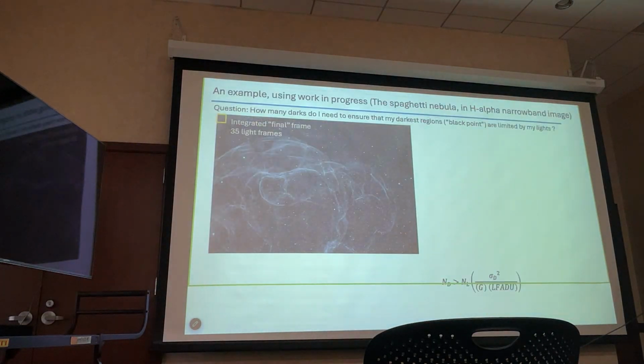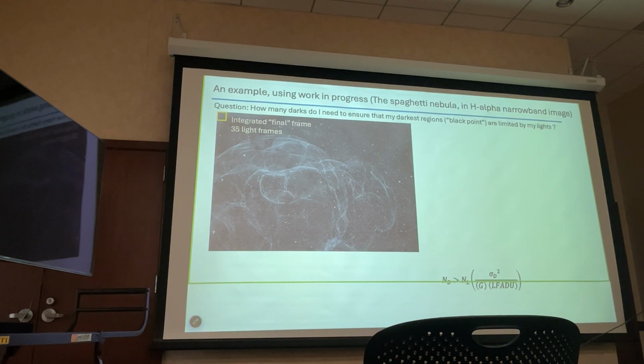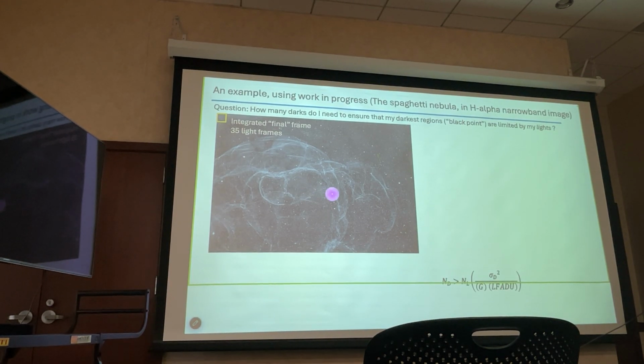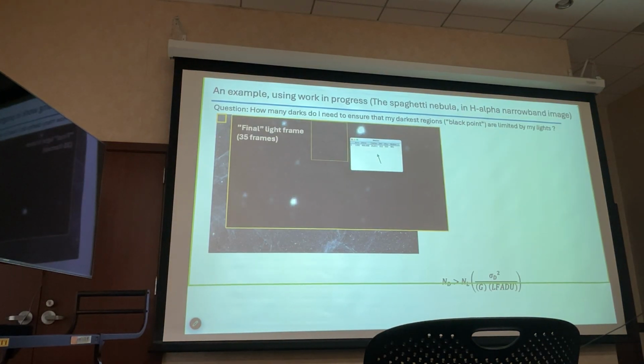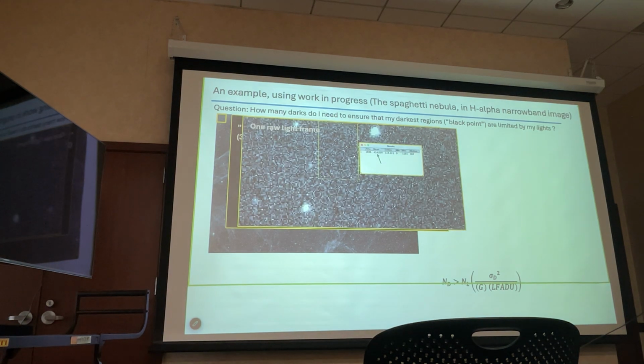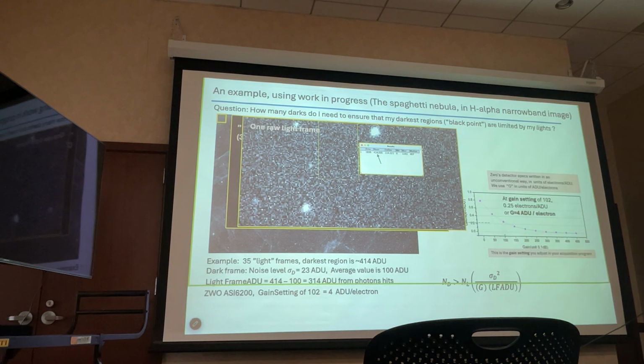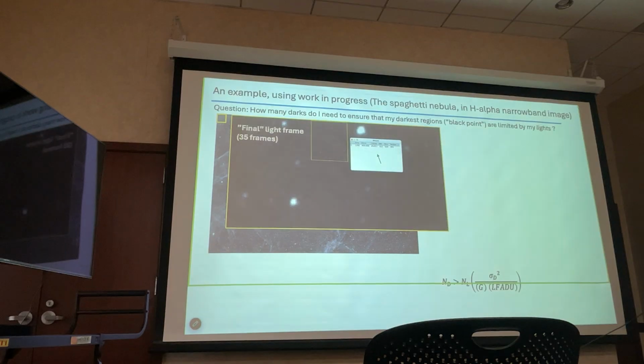I'm not going to go into that, but just to give you an example, here's the Spaghetti Nebula, something I've been working on. This is a really big object, so I've only got part of it in the frame. I've got 35 light frames, and this is an intermediate frame. If I look way up in the corner and zoom in on my light frame, I care about the one row.